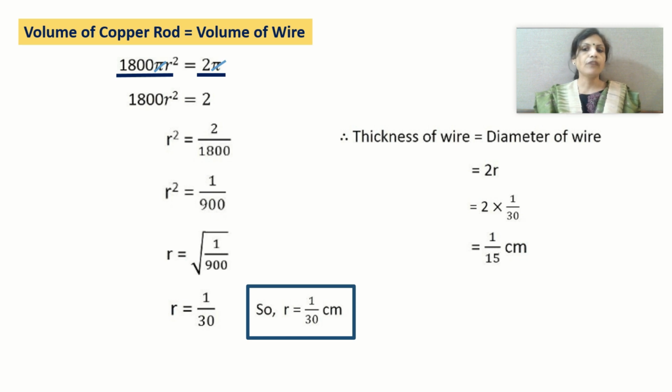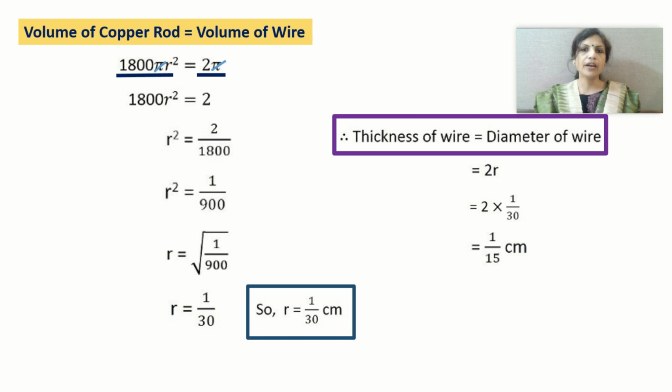Now what we have to find out is the thickness of the wire. And the thickness of the wire is nothing but the diameter of the wire. We have calculated the radius of the wire, so its diameter will be 2 into its radius, that is 2r.